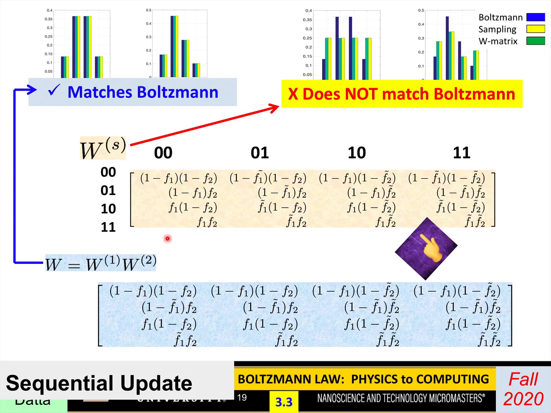Now what you might wonder though is that, of course, the difference between the pure F1 and the F1 tilde really comes from the interaction term W12. What would happen if the interaction were 0?